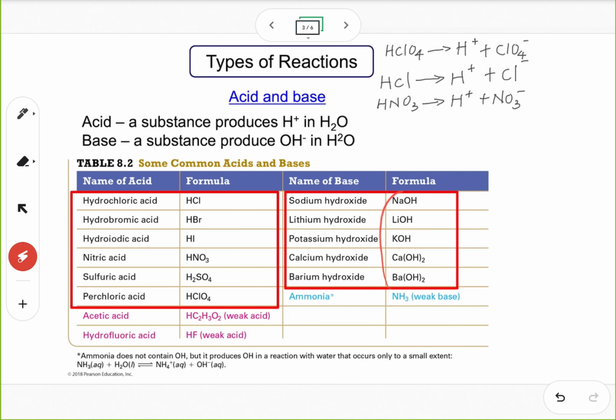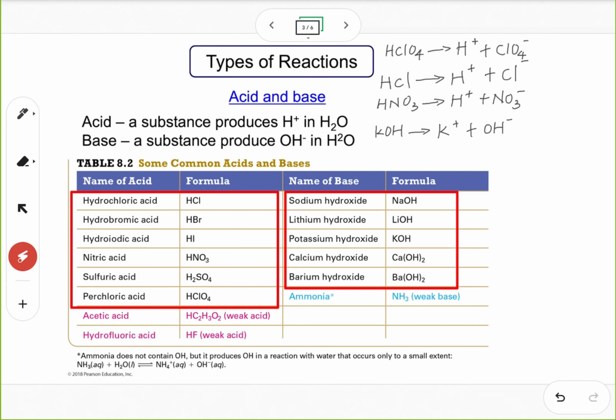Here you have a total of 5 of them. If you take a closer look at these formulas, they have an OH group. So, for instance, for potassium hydroxide, if you dissolve it in water, it will produce K plus and OH minus.